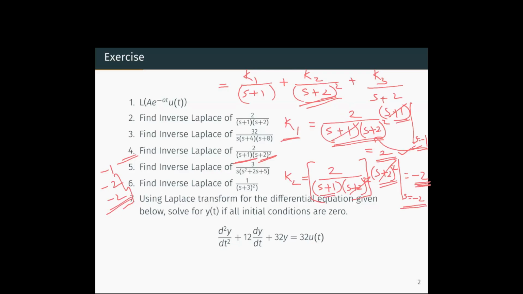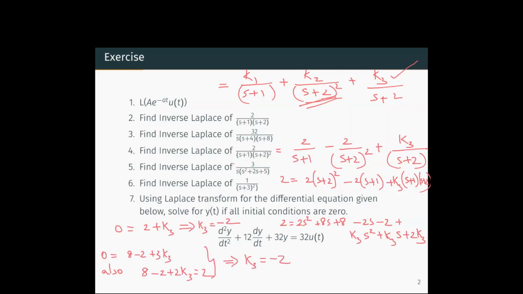Now the challenge is to find the third, k3. Right now we have got the values of k1 and k2: k1 is 2 and k2 is minus 2. So this is right now the partial fraction expansion.